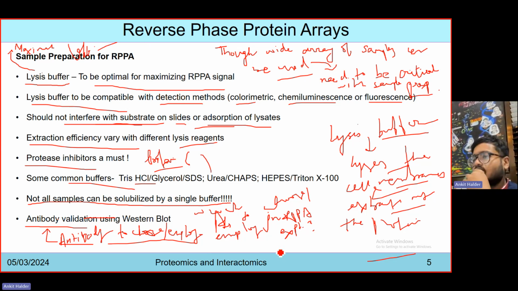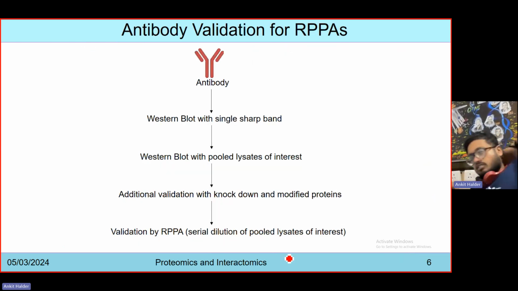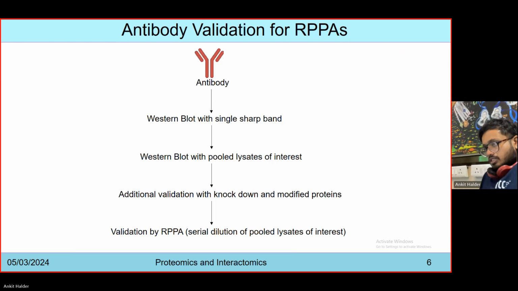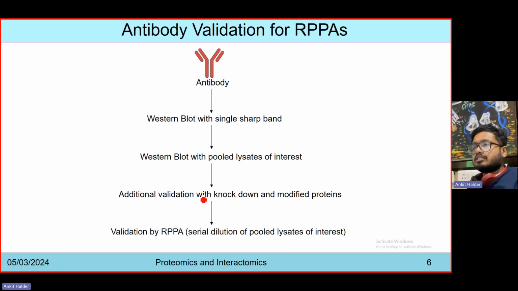This is the major question. That question is answered not by Western blot alone, but there are a series of steps which we will be looking into, on how particular antibodies are chosen to be used for RPPA. Otherwise, it is not used.